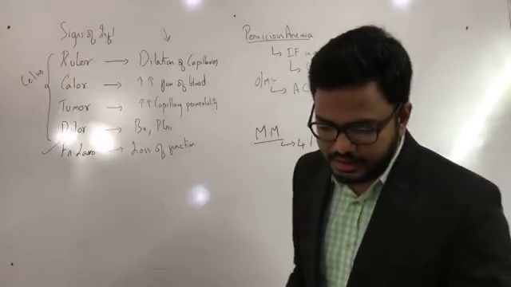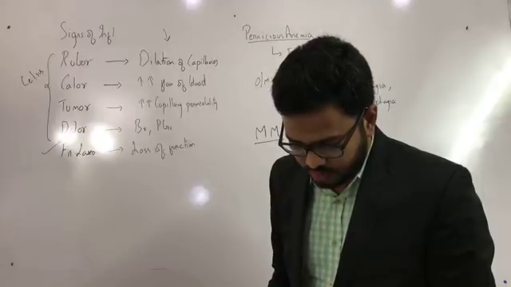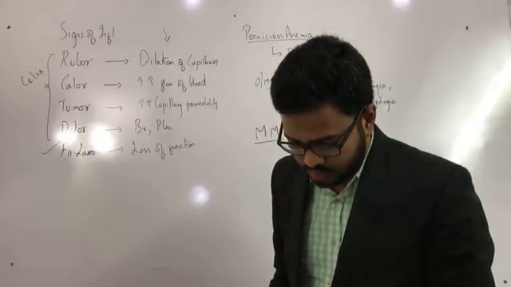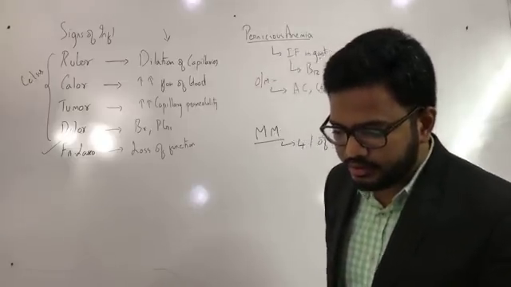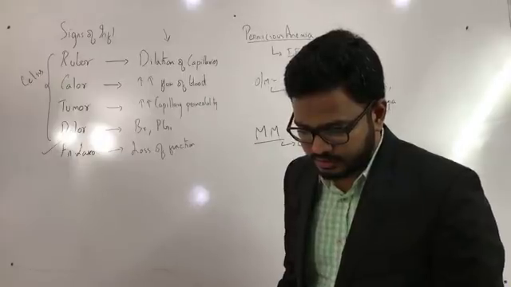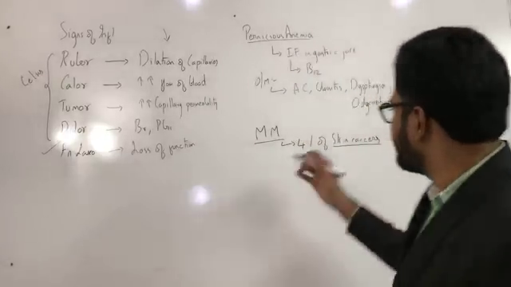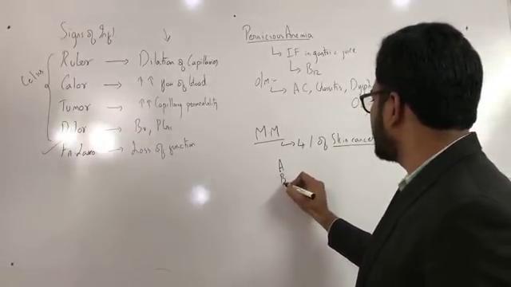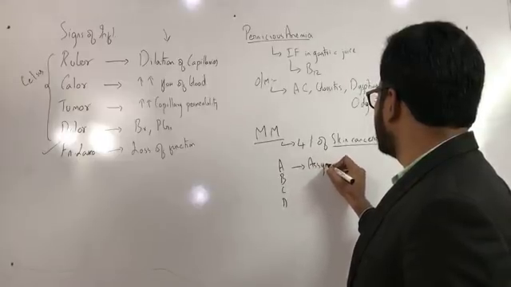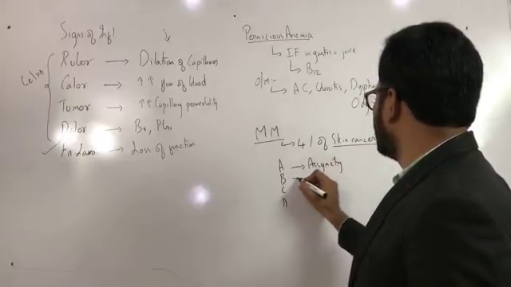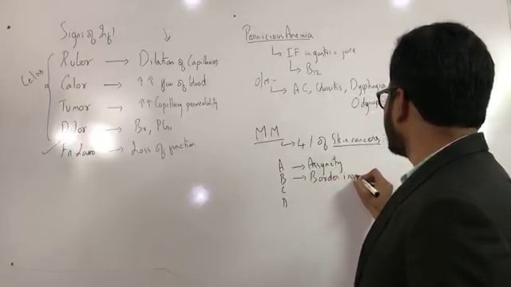So what does the A, B, C, D criteria stand for? Good. A for asymmetry. B for border irregularity.